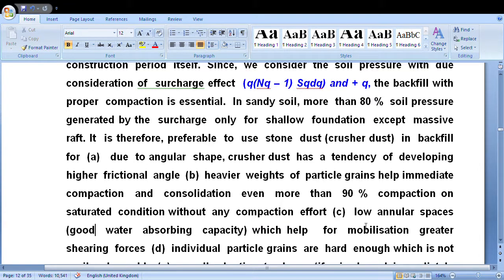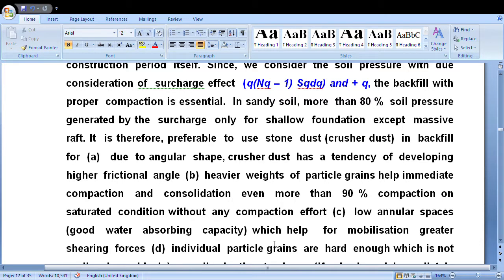Another important advantage is very low annular space, since these particles are mostly angular in shape, and good water absorbing capacity, which helps mobilization of greater shearing resistance.